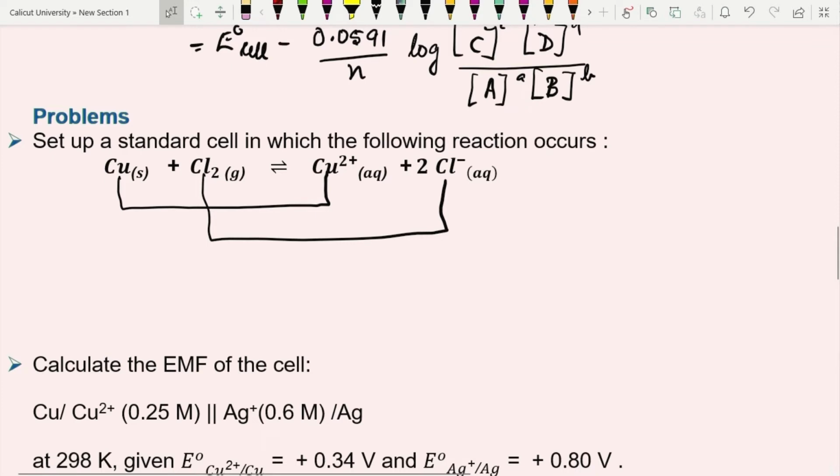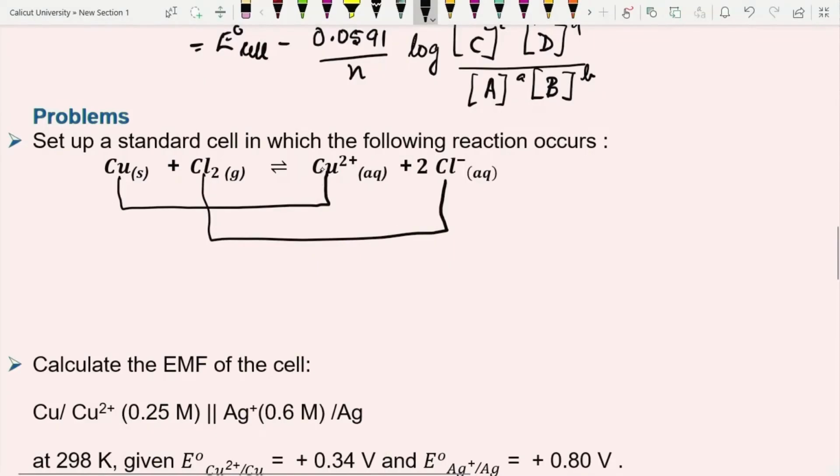See, copper has been changed to copper 2+ ions and chlorine has been changed to chloride ions. In the first case, copper changing to copper 2+ ions means it is losing electrons, and therefore this is the oxidation part. Chlorine acquiring electrons means it is undergoing reduction, and oxidation is for the anode.